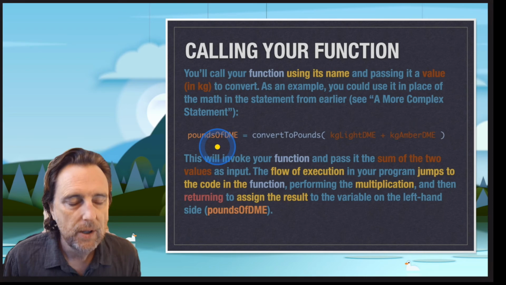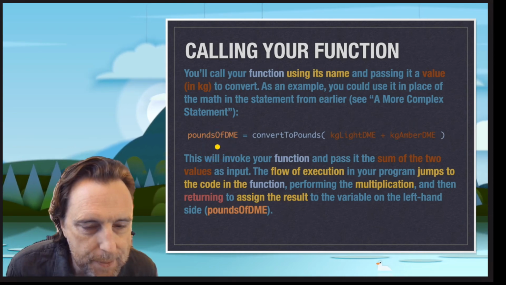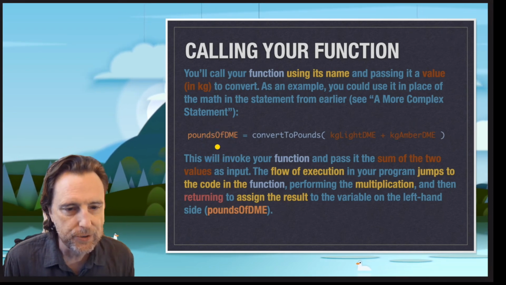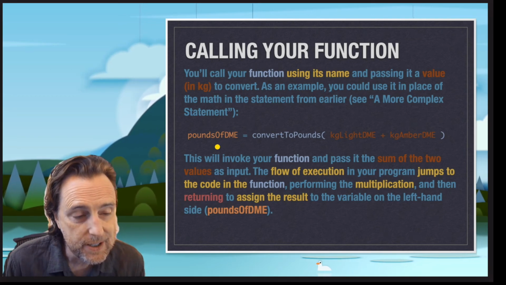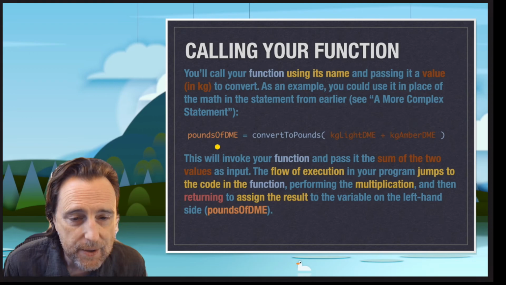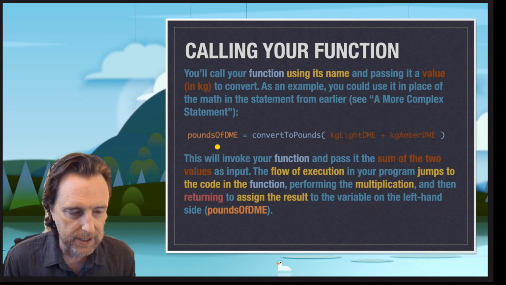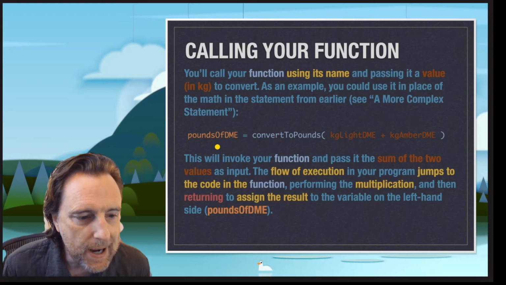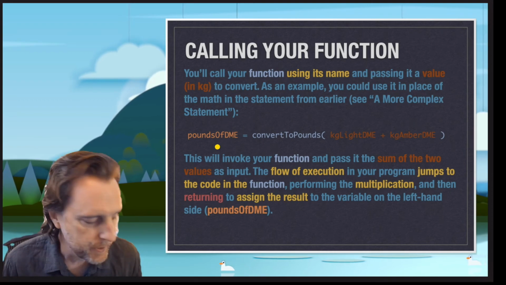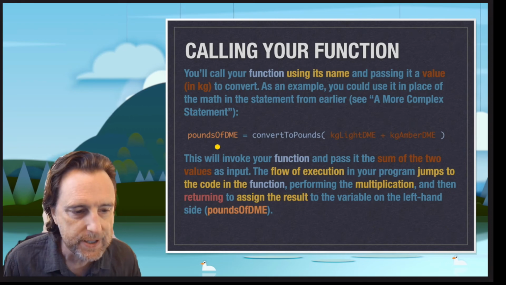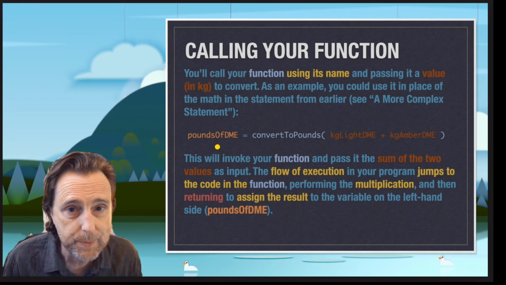So if this was a real program and we often had to do this conversion to pounds, it makes it a lot easier. And also, like I said, maybe at some point in the future we realize, well, we need a more accurate conversion. We need more decimal places on that. The recipe's not working out consistently, so we want to take it to 4 decimal places, or whatever the case may be.